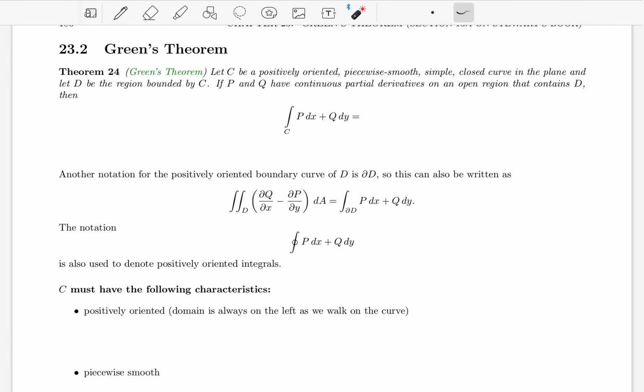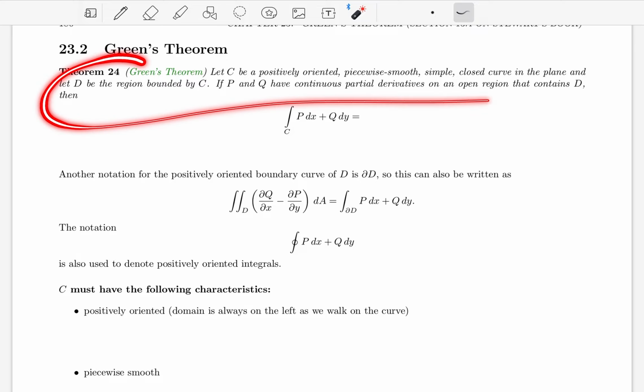Anyways, so let's see. It says, let C be a positively oriented, piecewise smooth, simple, closed curve in the plane, and let D be a region bounded by C. If P and Q have continuous partial derivatives on an open region that contains D, then, I promise you in a minute, I'll tell you what everything means, okay?